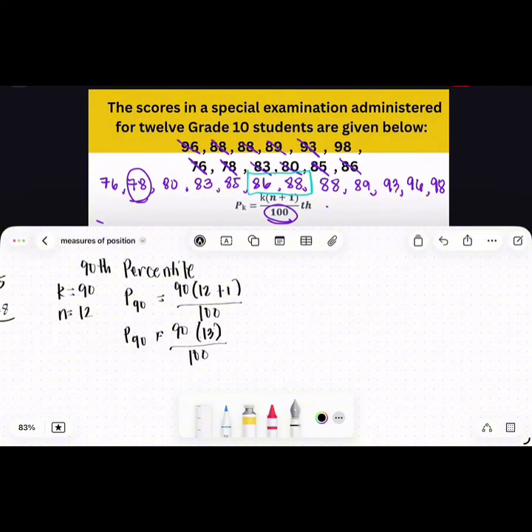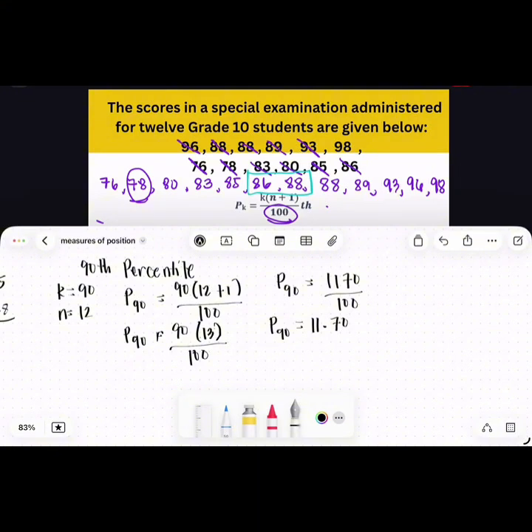Then, proceed to multiplication. So we have percentile 90 is equal to 90 times 13. So that is 1,170 divided by 100. Then percentile 90 is equal to 11.70.